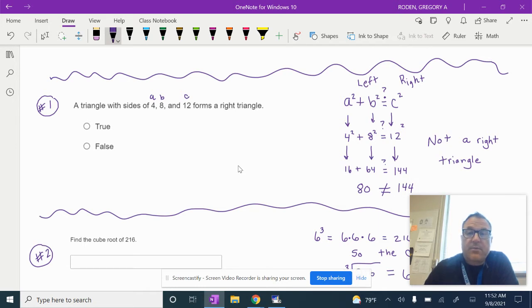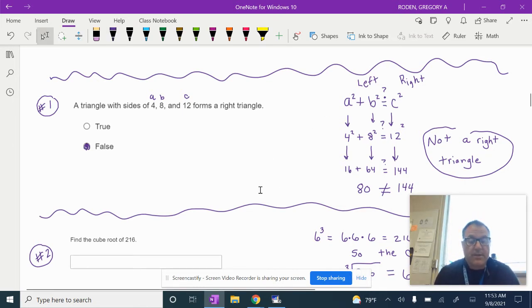Now c squared is 12 squared, which is 144, so 80 does not equal 144. So a squared plus b squared does not equal c squared, so it is not a right triangle. In this case, it would be false. So write down your work if you missed this problem. Remember, no work, no retake.